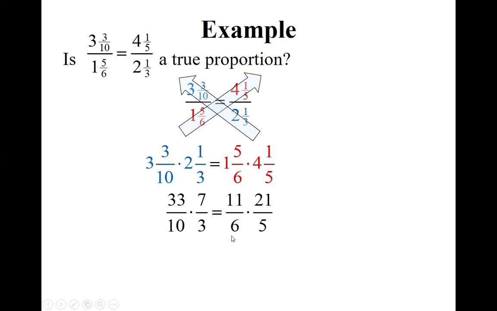The 3's cancel. The 33 is 3 times 11. The 3's cancel. That's 11 times 7 over 10. Here, also 11 times 7 over 10. 77 tenths. 77 tenths. They are equal. This is a true proportion.